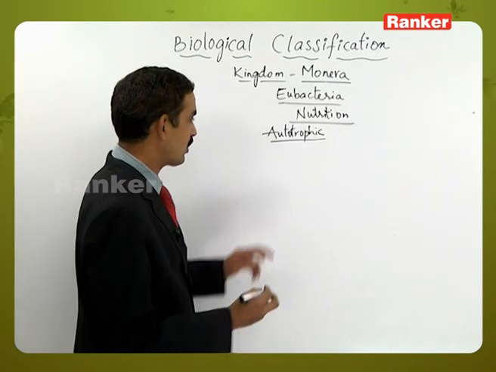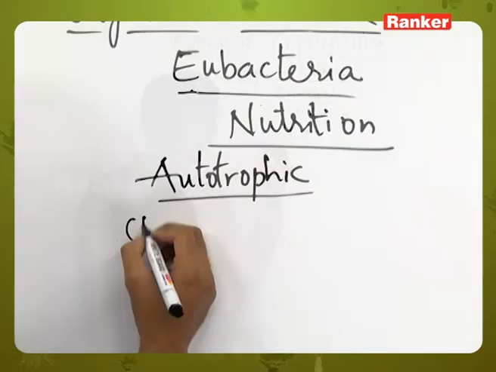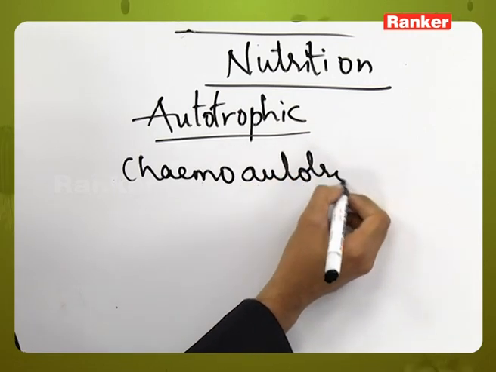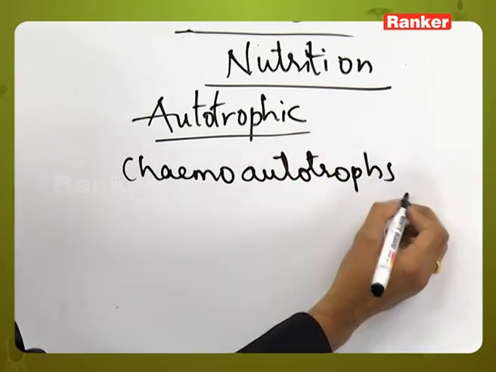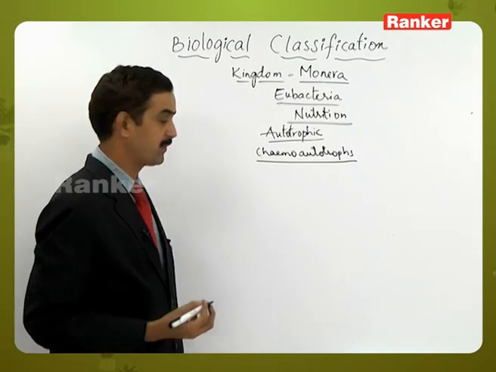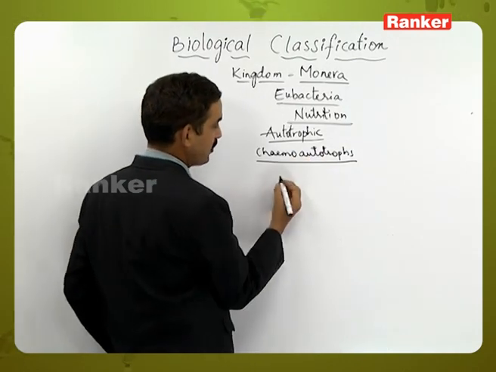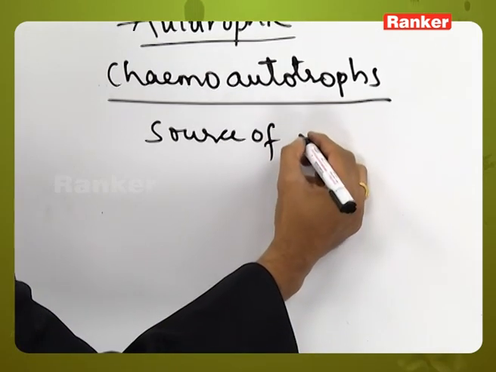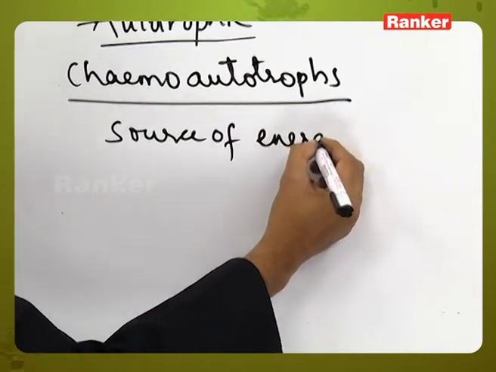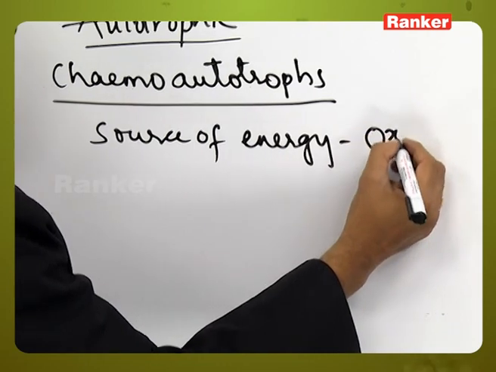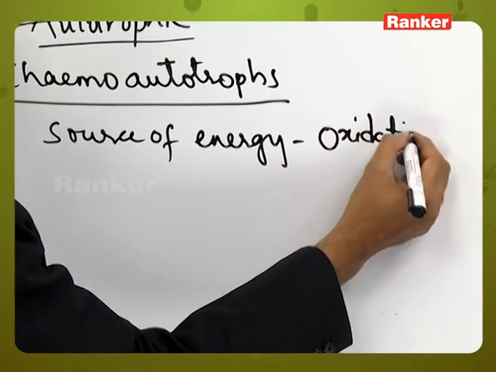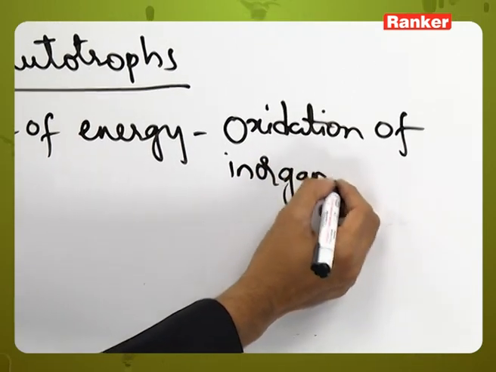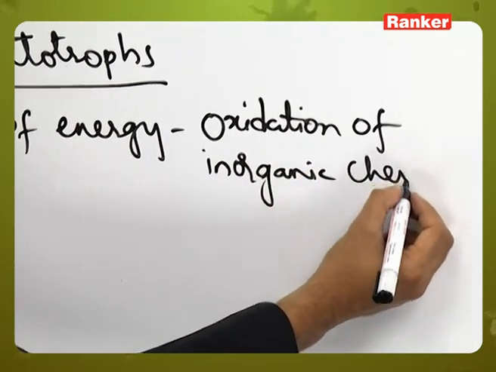In the autotrophic, the second one is chemoautotrophs or the chemoautotrophic type of nutrition. In the chemoautotrophic type of nutrition, the source of energy is oxidation of inorganic chemicals.